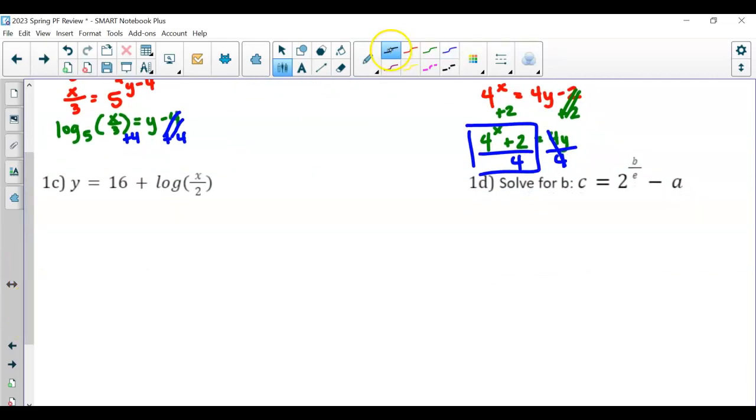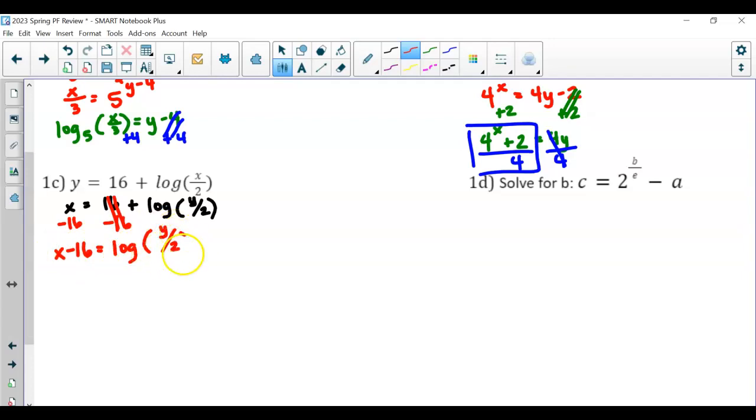Then 1c, same thing again, switching that x and y first before we convert our log. Now this log is not by itself. We're adding 16 to it. So let's subtract 16. Inverse, opposite. X minus 16 is equal to log of y divided by 2. So now we can convert, but what is the base? Because it's not y, it's not 2. What's the base of our log?